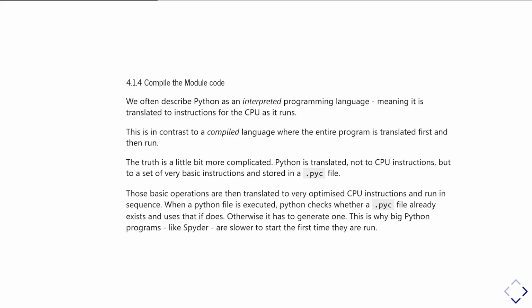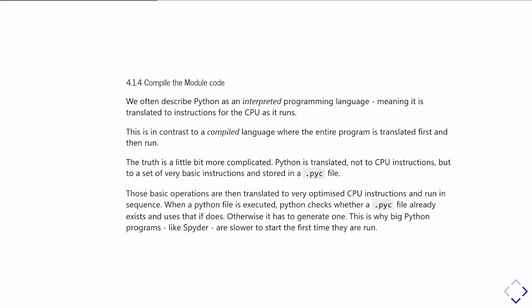In other words, it's producing the exact machine code that the CPU in your computer has to execute as it runs the program. That's in contrast to what's called a compiled language, where before you run the program, the first thing you do is convert the entire thing into machine code for your computer.